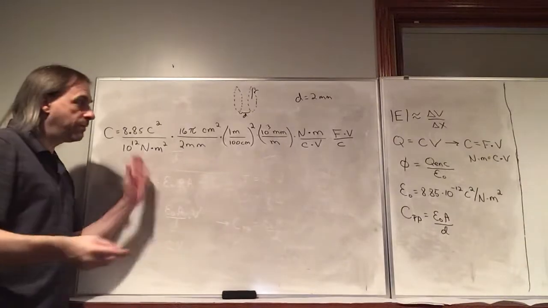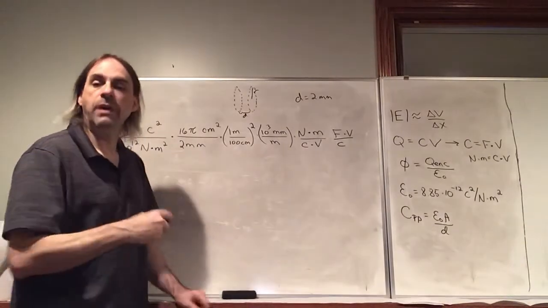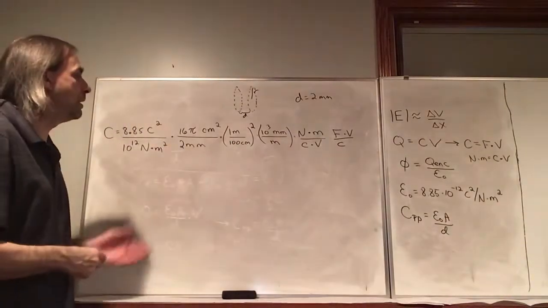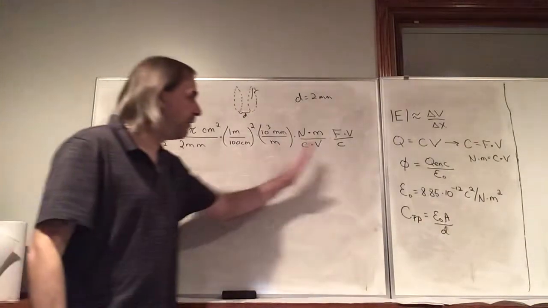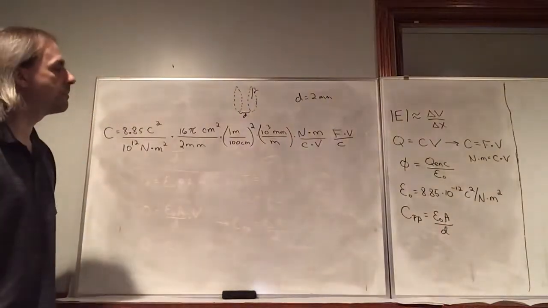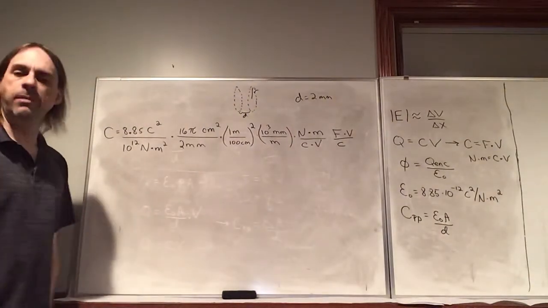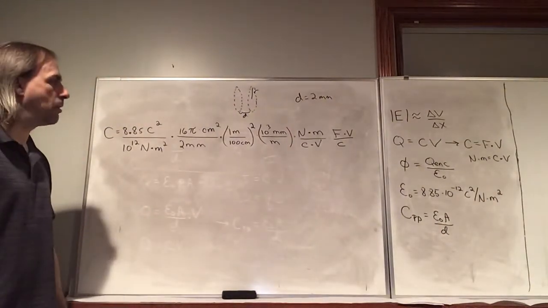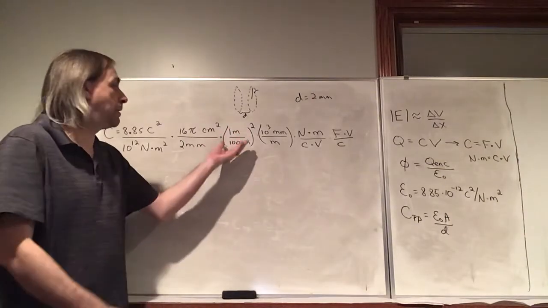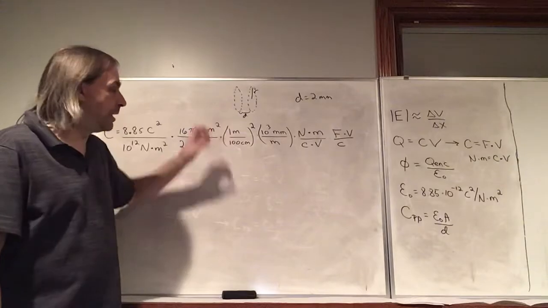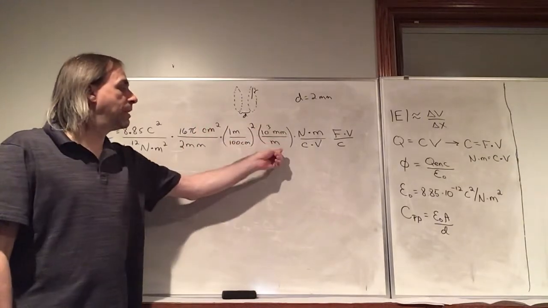So first off, let's check the units. Again, I highly recommend doing problems like this, where you just write out all the units and the conversion factors. It might look like a nightmare, but it's really not that hard. I mean, it's just 1 meter is 100 centimeters, right? We all know that. So you can write it like this. 1,000 millimeters is a meter.